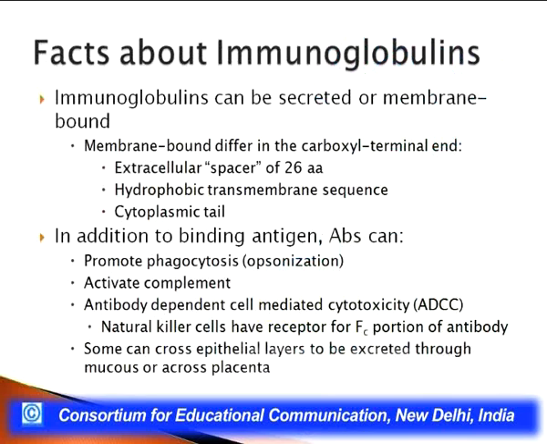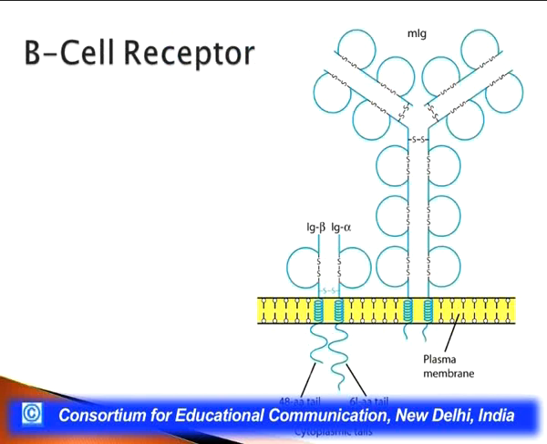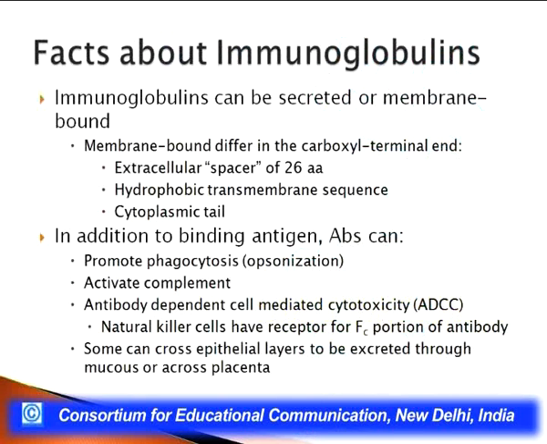On the other hand, the one which is in a binding form to an antigen is devoid of this spacer region, and it does not have any cytoplasmic chain. Now, in addition to binding to an antigen, the antibodies can have various other functions. It can promote phagocytosis. For example, it can bind to the antigen, or opsonize.